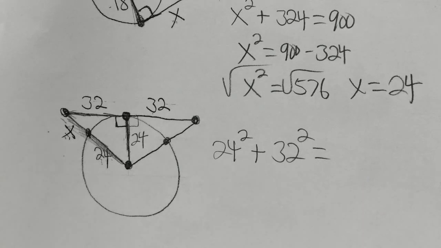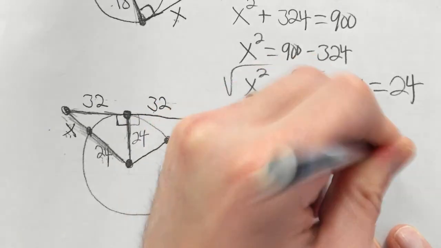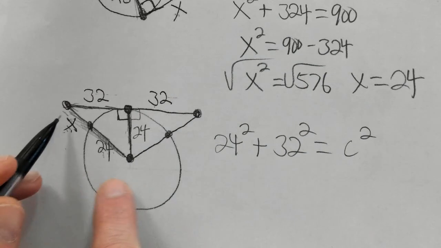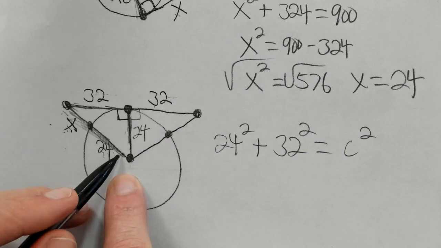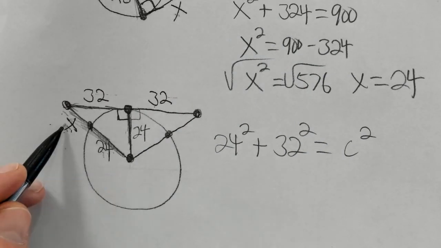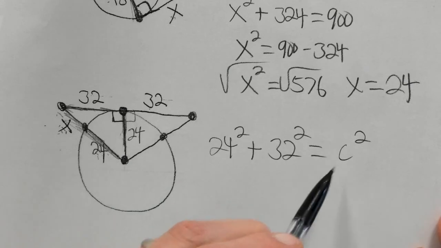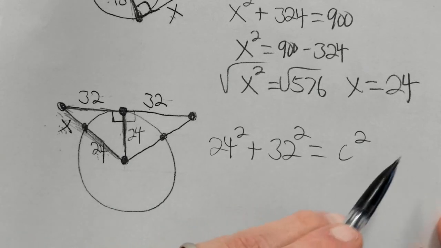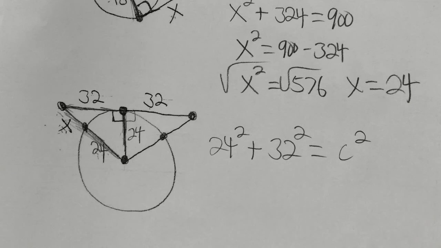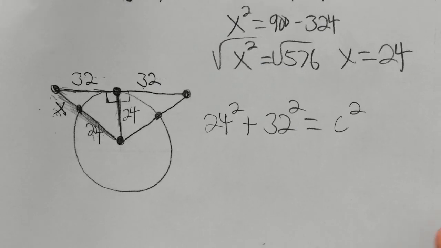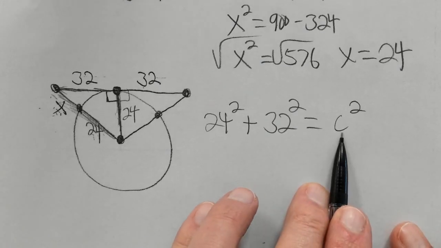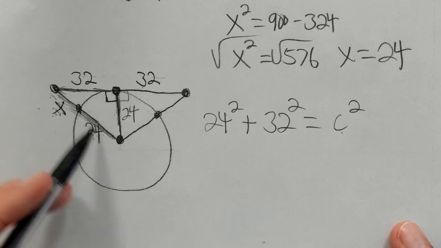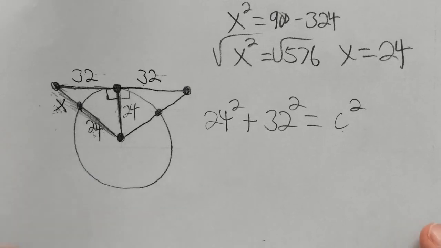What I can actually do to save myself some work is just say that that's equal to c squared, solve for c, see how long the whole hypotenuse is, and subtract 24 from it to get my answer. That would be much easier than writing it equal to x plus 24 squared and then having to square all that out. That's a lot more work. So I'm just going to say that that's equal to the hypotenuse squared, see what the hypotenuse is, subtract 24 from it, and then get my x.